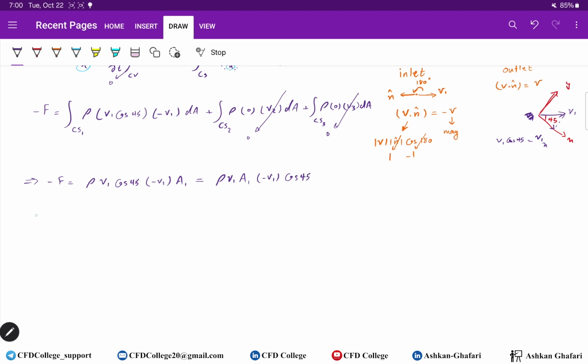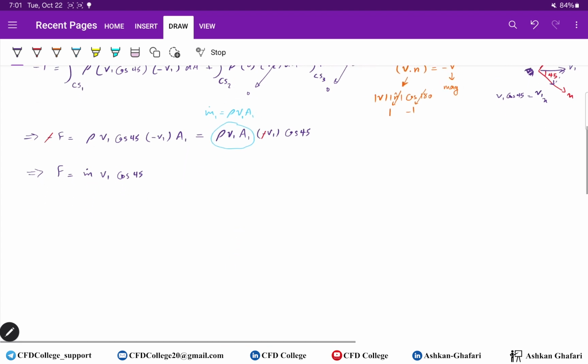As you know, m dot equals rho vA. At the inlet, at control surface 1, rho V1 A1 equals m dot, the mass flow rate. So we have a minus here and a minus here, so they cancel. So F equals m dot V1 cosine of 45.